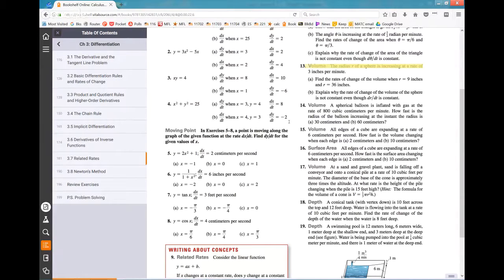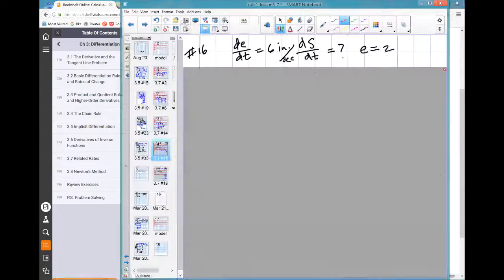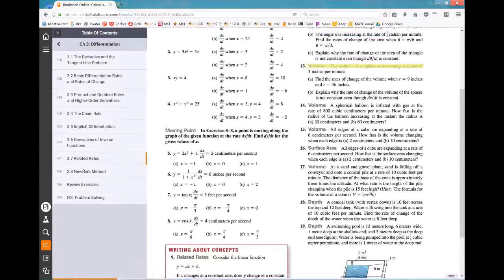So they're giving a rate. And if we call the edges E, they've given you dE dt. dE dt equals 6. You'll see I wrote that down right here. dE dt is 6 per second. How fast is the surface area changing?